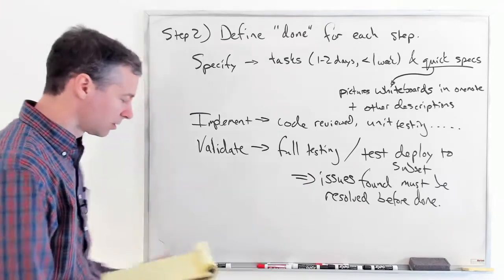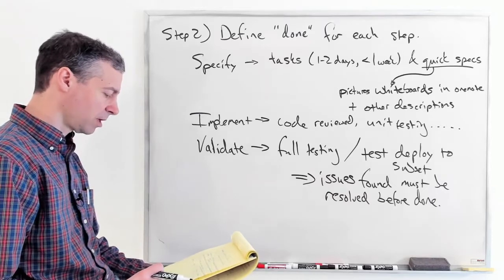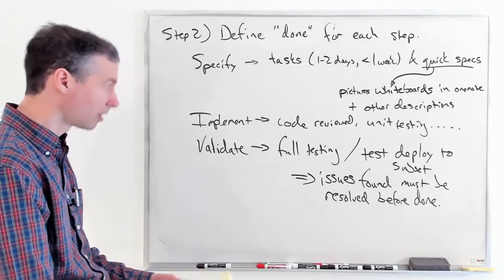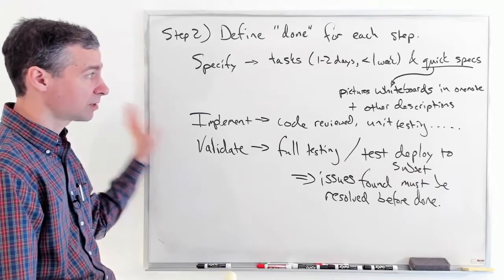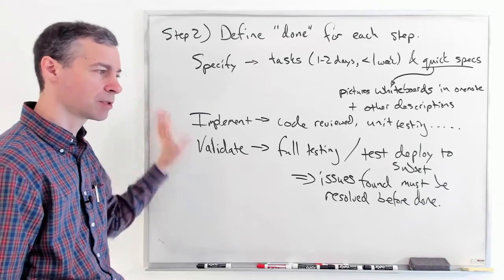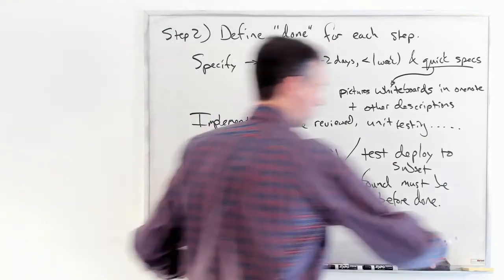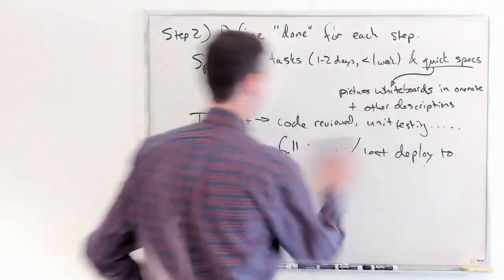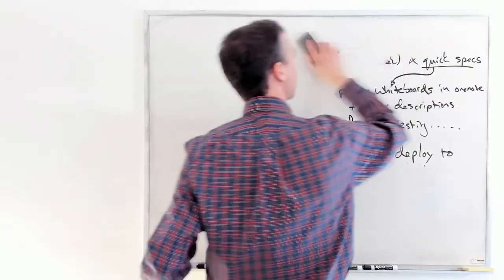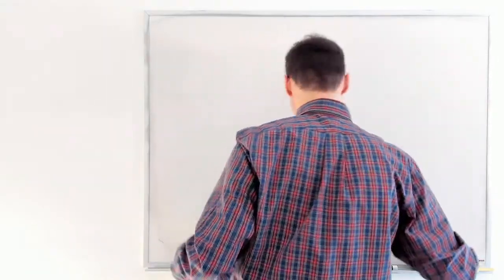All right. So what do we do next? Well, we've got our steps in our workflow. We've figured out what it means to be able to move from one step to the next step. Next, we need to figure out what limits we're going to place on how much work is allowed to be in progress at each stage.